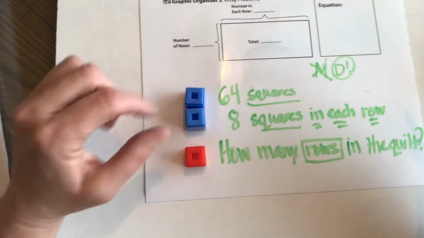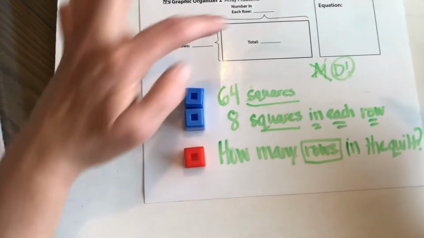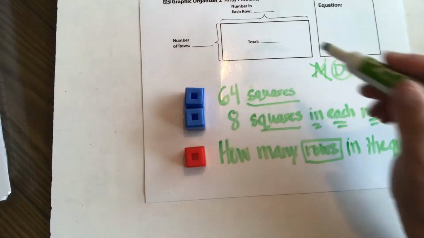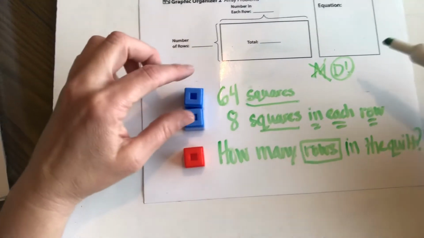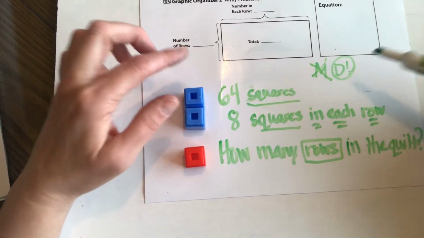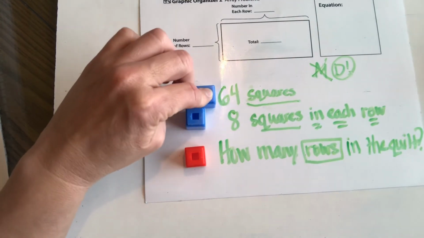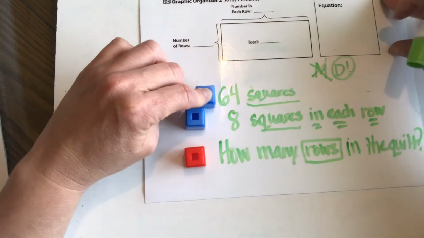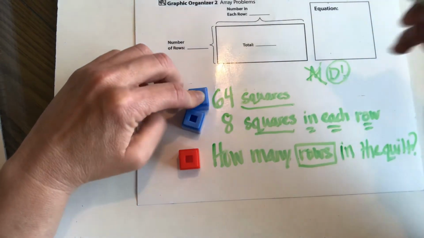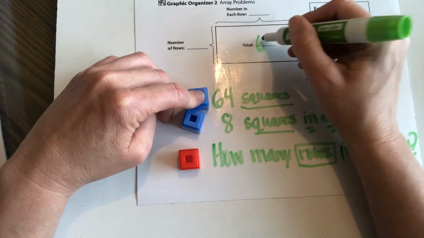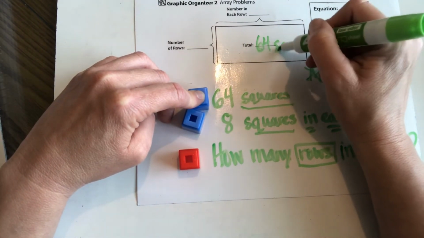So let's go through and fill this out. We are not putting a mystery number in the total because we are dividing. We are not looking for the whole. The 64 squares that the second graders have, is that all the squares there are or part of the squares? Well, that is all the squares.